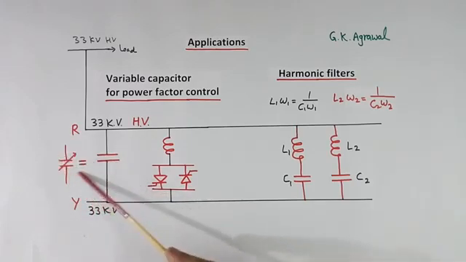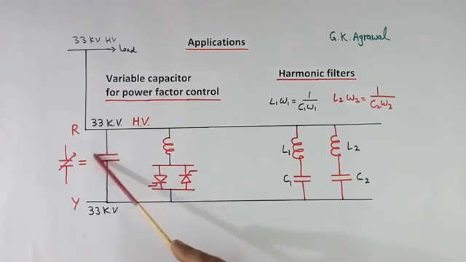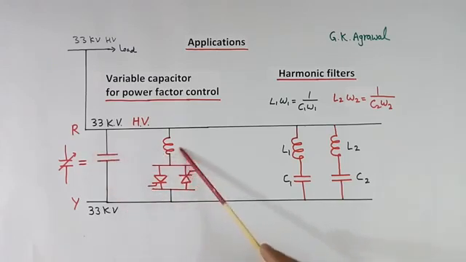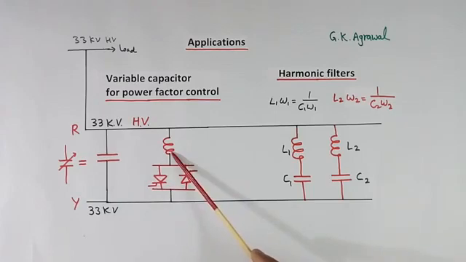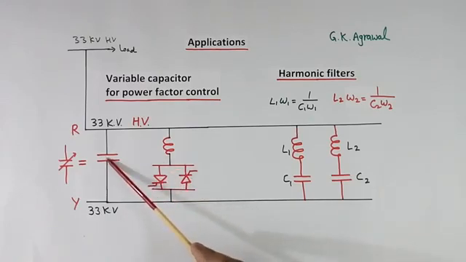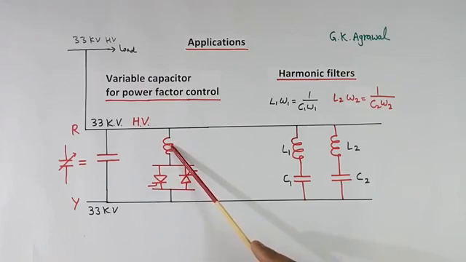But variable capacitors are not available. So what we do, we put one fixed capacitor and an inductor in parallel with this. And current in the inductor is controlled by thyristors, anti-parallel thyristors. Now capacitor and inductor are opposite in nature.